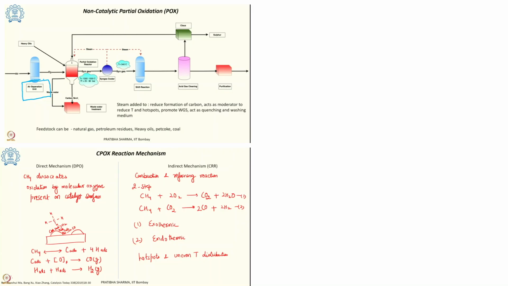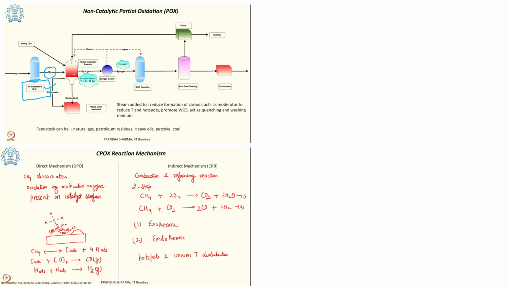Whether you use oxygen or a mixture of oxygen and nitrogen, according to that you have to use the air separation unit. With the air separation unit, we can separate oxygen as the oxidant in the non-catalytic partial oxidation.